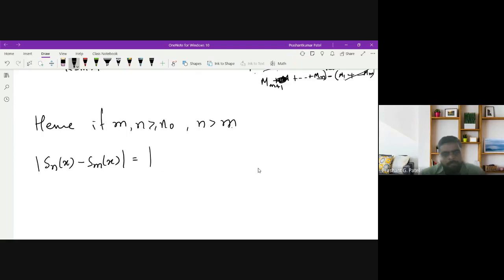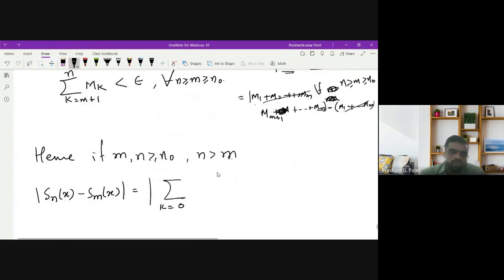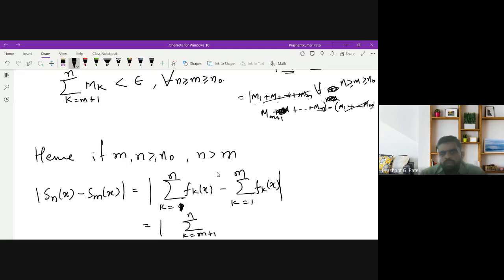This is the summation of f_k(x), k running from 1 to n, minus the summation of f_k(x) from 1 to m. Since n is bigger, by the same argument we have given here, this is equal to the summation of f_k(x), k running from m plus 1 to n.